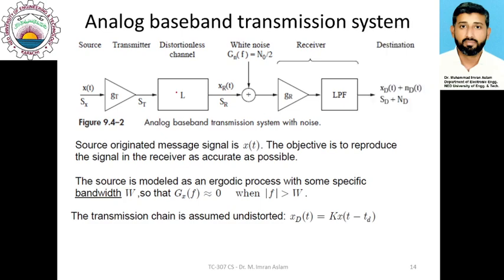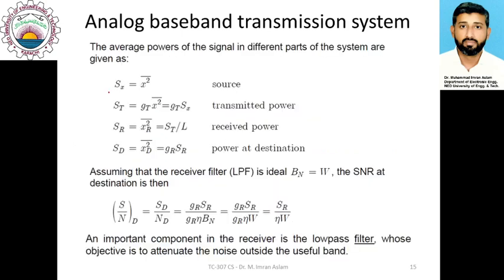represented by this diagram here. We have transmitted a signal xt which has a certain amount of power, which is x. Generally we have to incorporate an amplifier at the transmitter, so it has a gain gt. So the transmitted power is st. At this stage you can see that the source power can be simply represented by the mean square value of the signal x square.